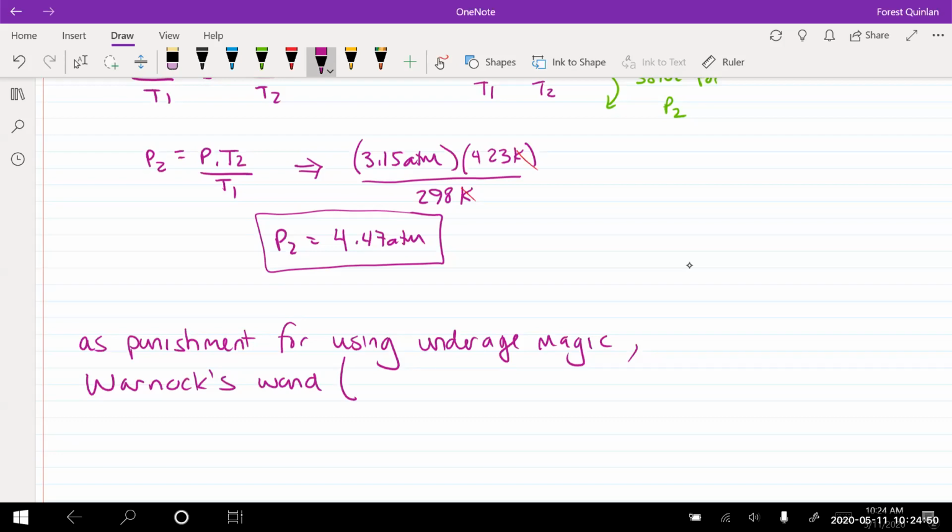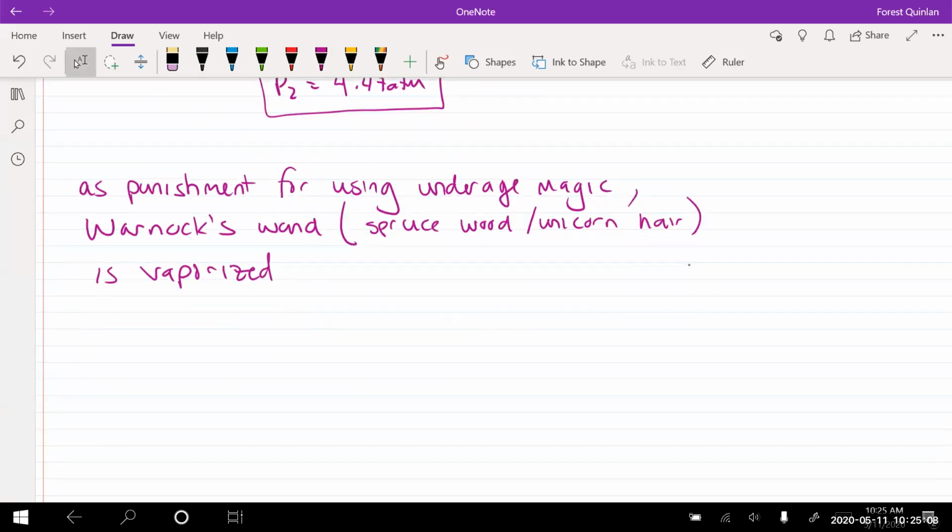Spruce wood and unicorn hair. Spruce wood. Unicorn hair is vaporized. Hey, I'm sorry. You used underage magic, not me. I'm 19.